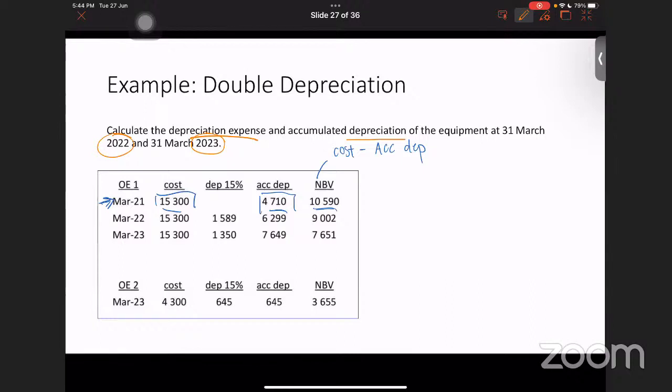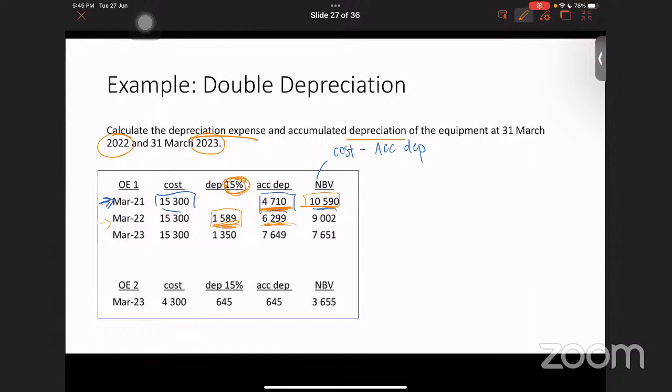So 2022, next year, cost still the same. 15% depreciation. So I will take 15% multiplied by my MBV, and I will get this, because it's a reducing balance. Then same idea, accumulated depreciation. I have already accumulated 4,710 so far, and I will add on to what I depreciate this year, and this will be my accumulated depreciation. 4,710 plus 1,589 will give me 6,299.